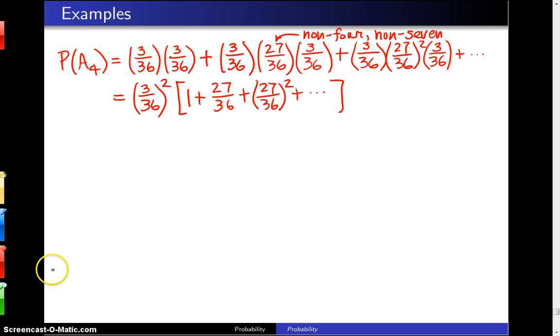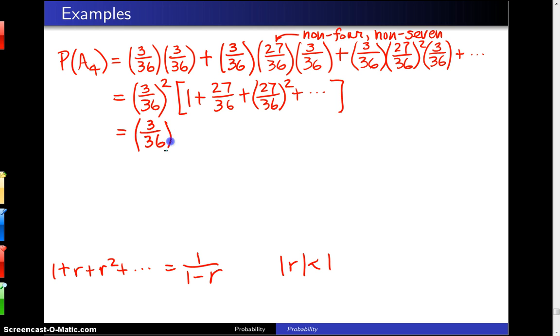And we know for a geometric series, I'll put this down at the bottom, that 1 plus r plus r squared plus ... is equal to 1 over 1 minus r whenever the absolute value of r is less than 1. So up here we can say that this is (3/36) squared multiplied by 1 over 1 minus that common ratio, and the common ratio is 27/36.